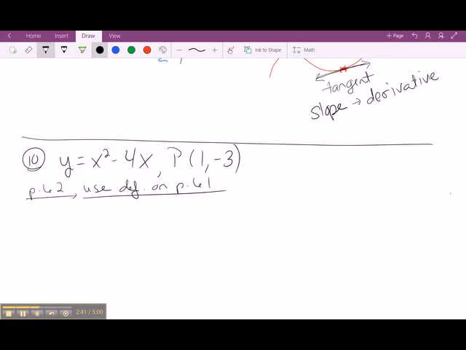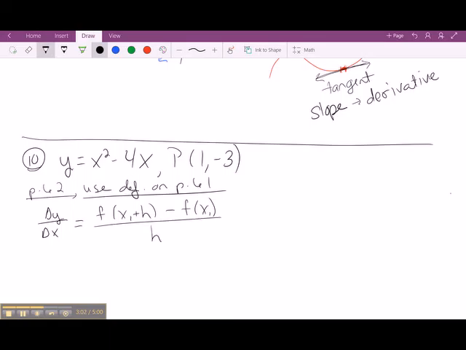And that definition is that the average rate of change with respect to x over any given interval is going to be defined as f(x1 + h) minus f(x1), all over h.